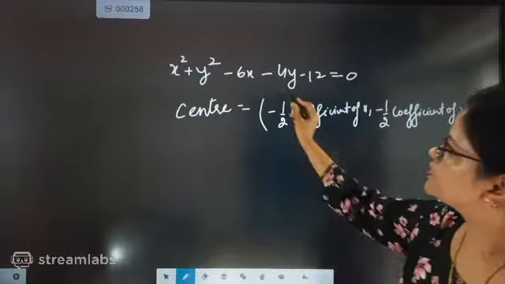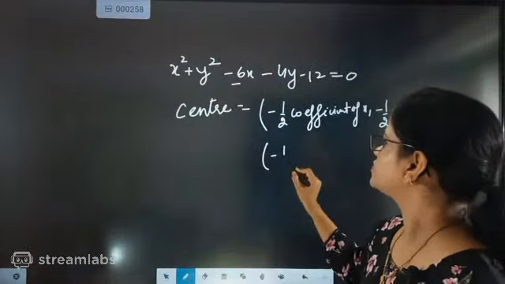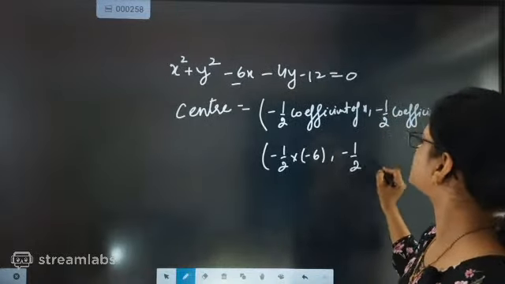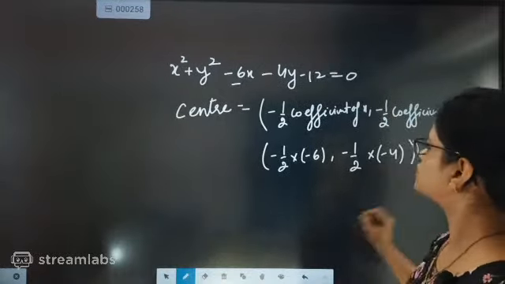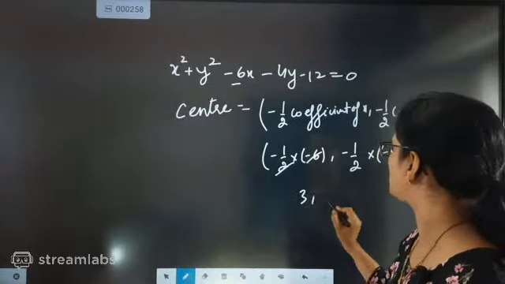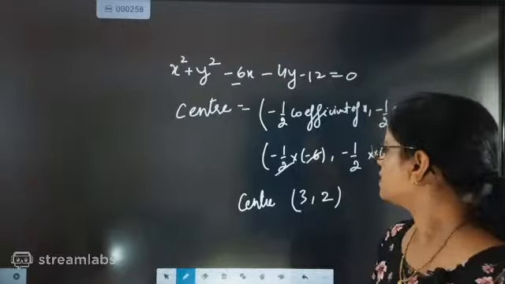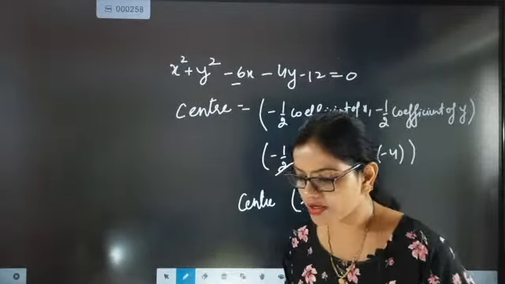The coefficient of x is minus 6, so minus 1 by 2 into minus 6, comma, minus 1 by 2 into minus 4. It comes as 3 comma 2. So the center of the circle is 3 comma 2.